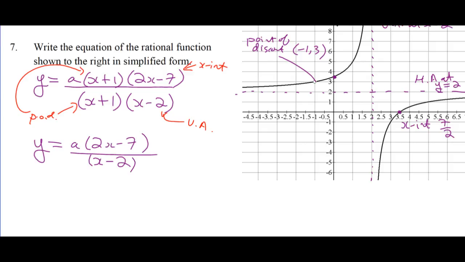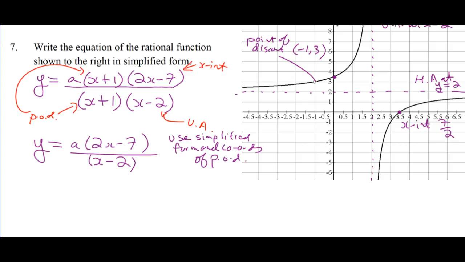So I'm going to use the simplified form along with the coordinates of the point of discontinuity to calculate the value A.